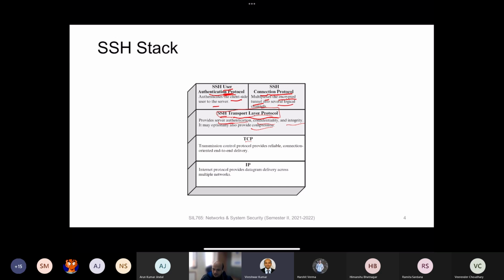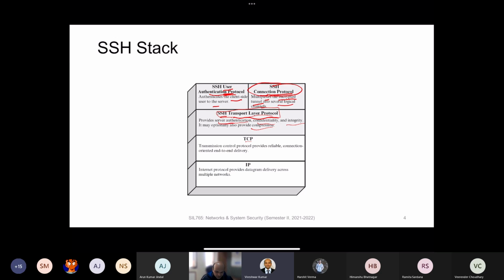So you have different logical channels, and different keys being utilized, and therefore different sets of encrypted and authenticated messages. It just multiplexes all of them to form this connection protocol, which is part of SSH.